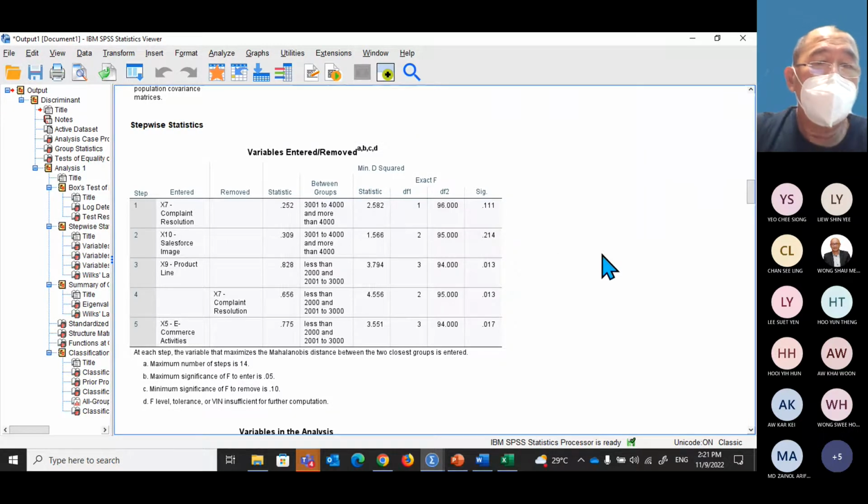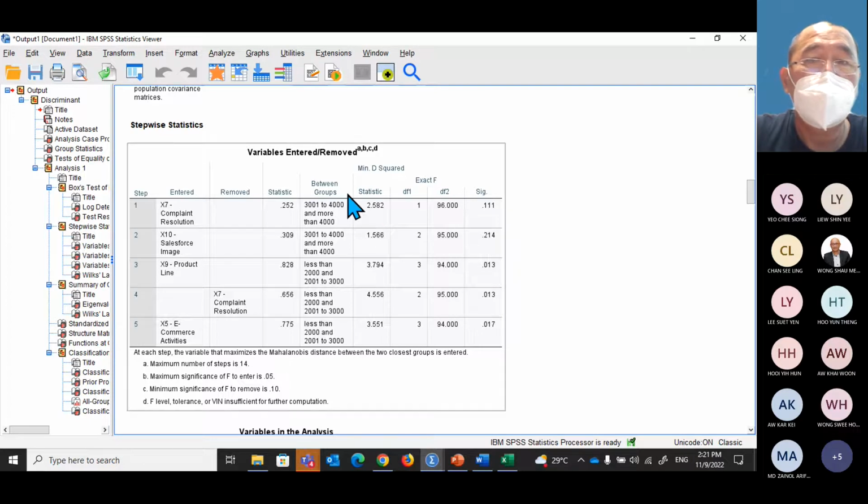So sir, the D square is a statistic, the value? Yeah, this D square is the test statistic, 2 by 5 something. So the higher one will be removed.